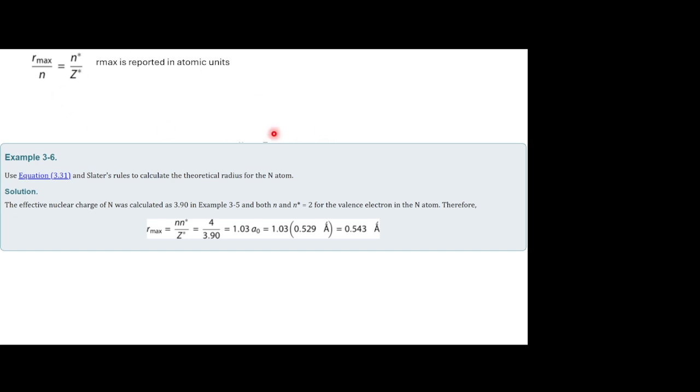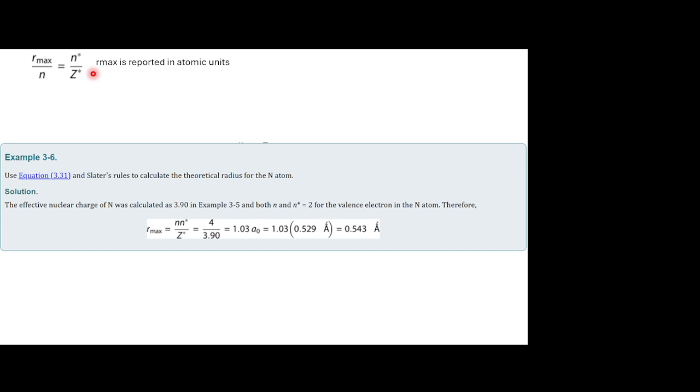So Rmax is going to be reported in atomic units, and this is actually the formula for the Rmax. And you can see here we have the effective quantum number. Remember, as we go down the periodic table, that number actually sticks to about 4, right? It stops growing much after 4. This right here then is Z, that's the effective nuclear charge. Okay?